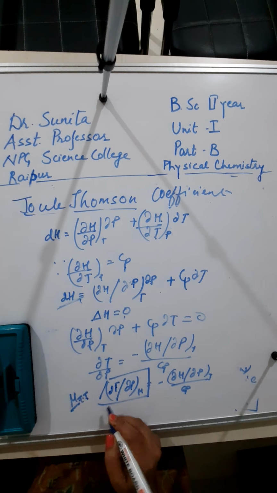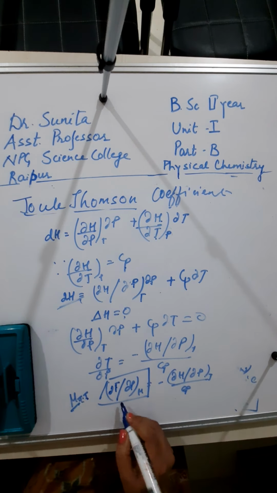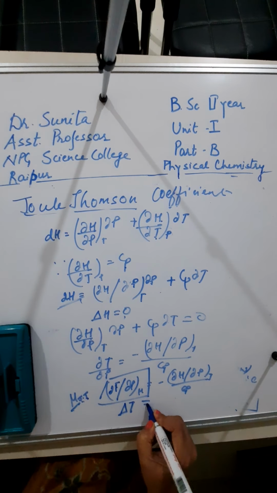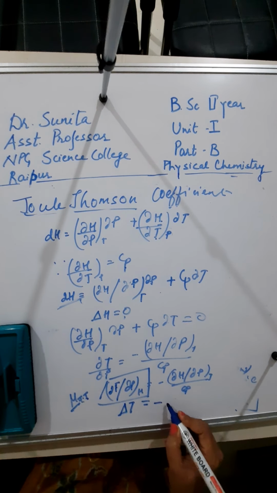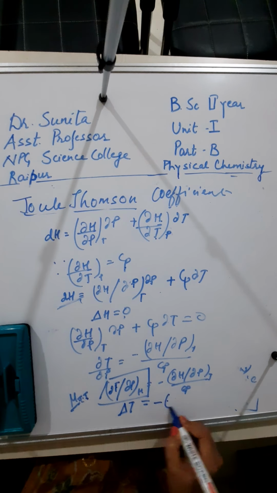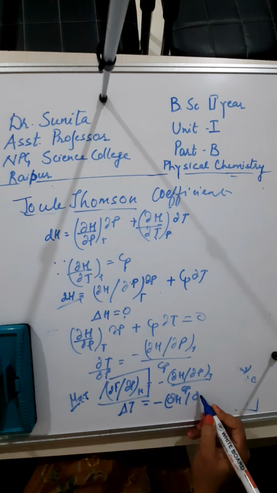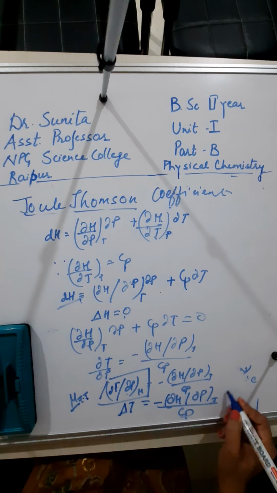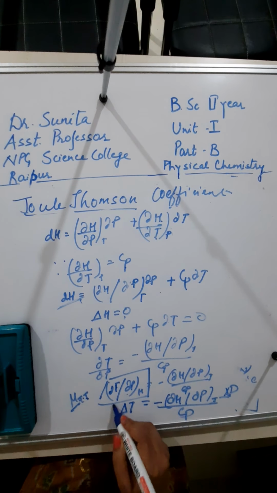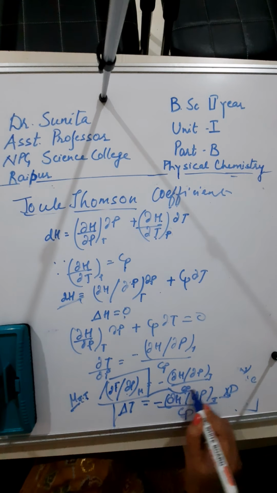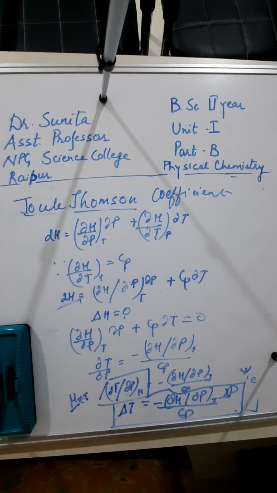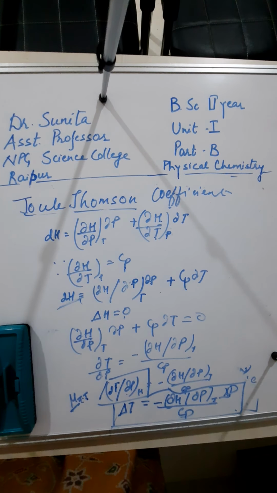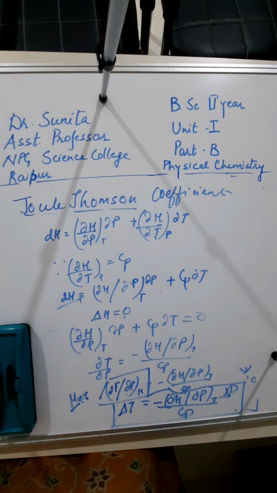Assuming mu JT to be constant over a small pressure range, this equation can be written as delta T equals minus del H over del P at constant temperature divided by Cp, times delta P. This gives the cooling effect, which is the lowering in temperature produced as a result of the energy required to overcome the van der Waals forces of attraction existing between the expanding gas.